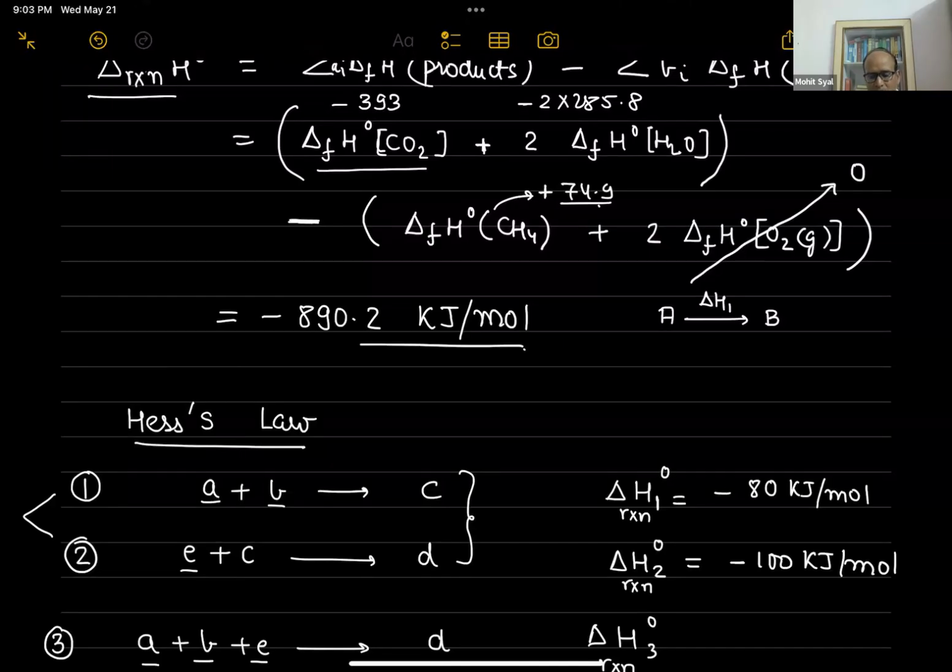This is directly being converted. There is one more way to carry out this reaction in which A is converted to X, X is converted to Y, and Y is converted to B. There are certain reactions which can be carried out in one or more than one way.